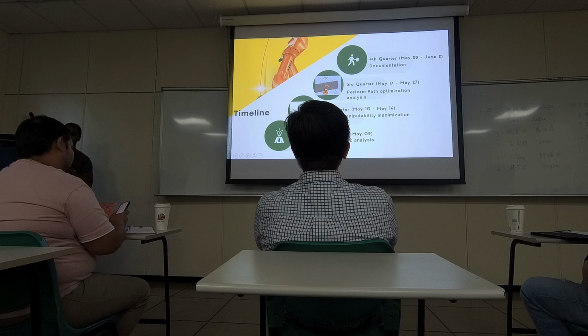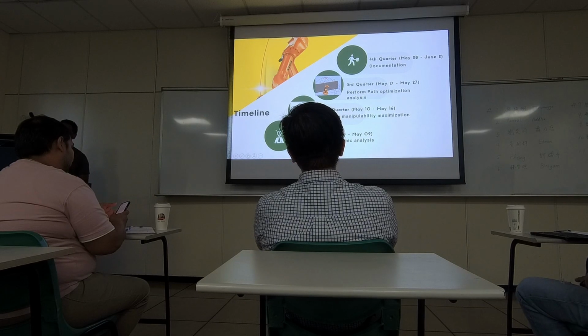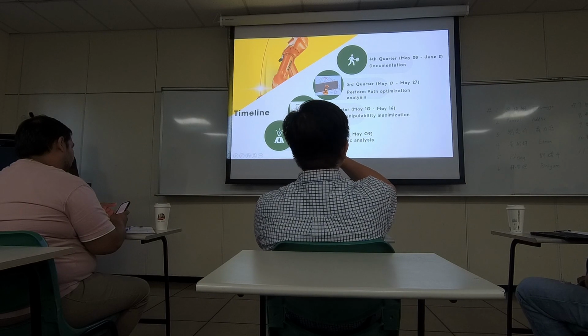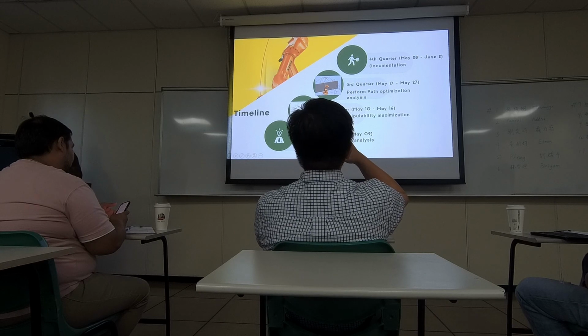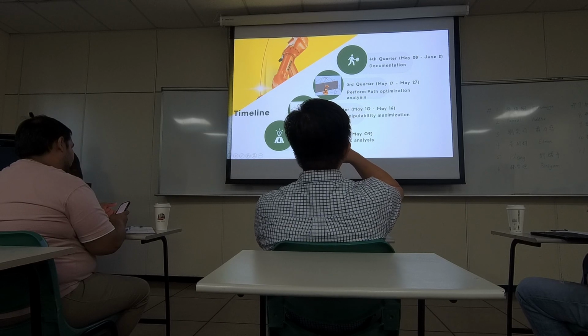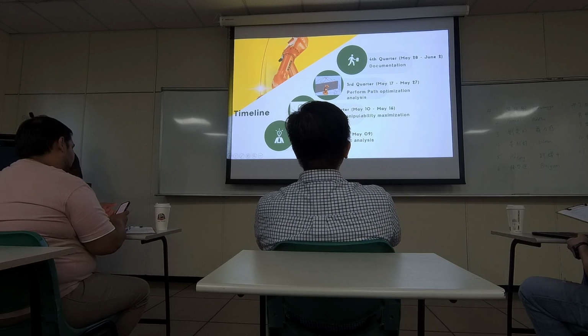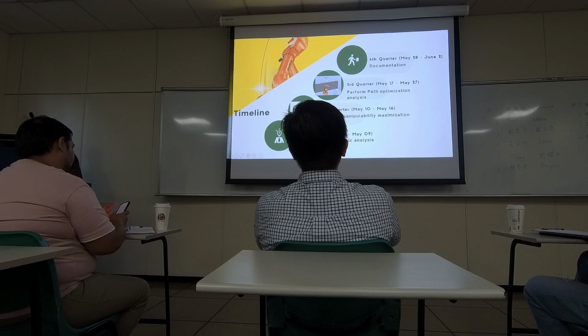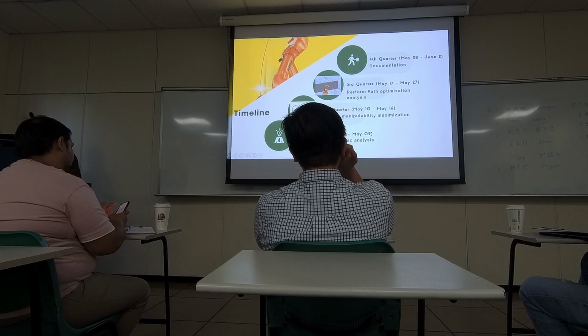For our project scheduling, we will have 4 quarters. For the first quarter, of course, we will have a literature review in all of the quarters. Initially, we will do the kinematic and dynamic analysis of these robots. In the second quarter, we will perform the manipulability maximization analysis.